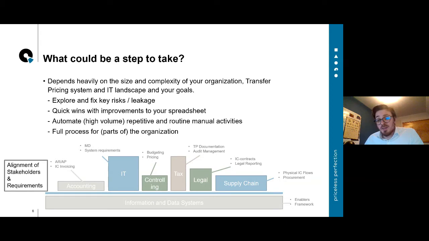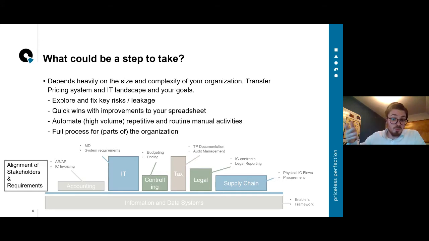Then at year end, at closing the books, you of course need to ensure that you have your arm's length results in the books. And maybe there's an additional process for larger MNEs, that your CbCR, that your CS demonstrates more or less your transfer pricing structure.